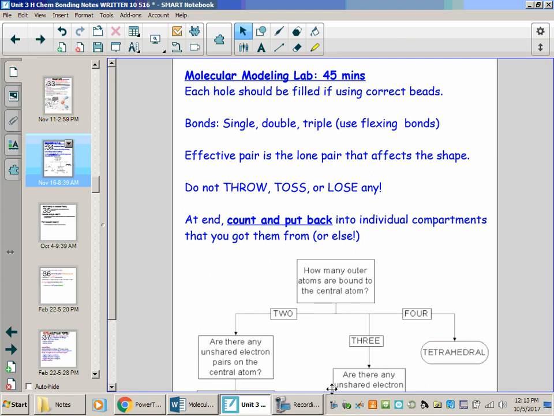Wait, I don't know. Well, it was like yellow and silver. This one, so it's carbon silver.